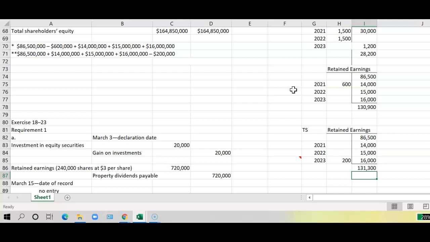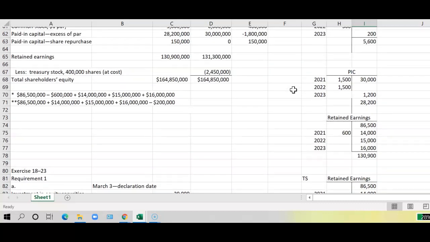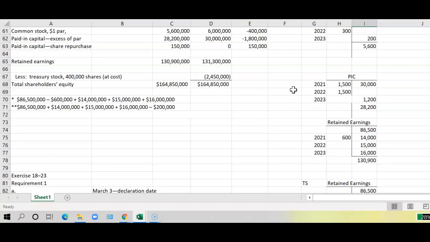However, the only time we debited retained earnings under the treasury stock method is the $200,000 in 2023. So our retained earnings is $131,300.